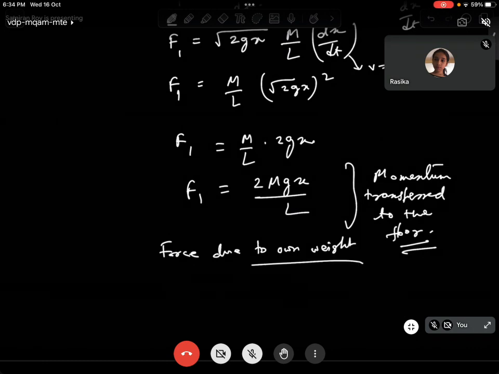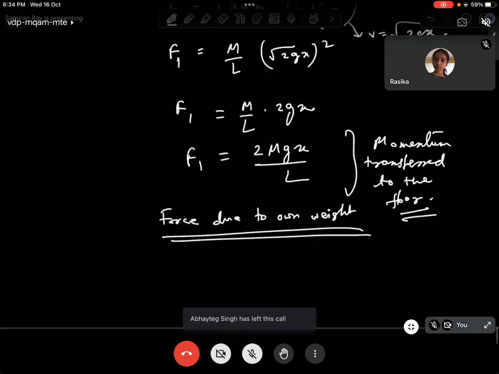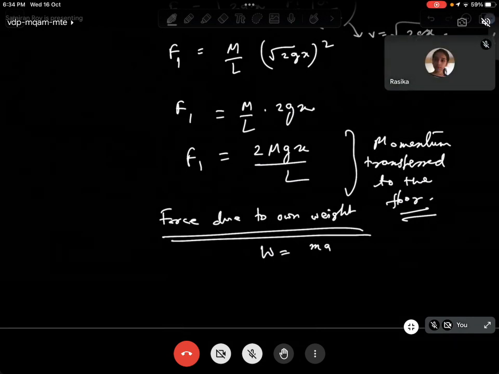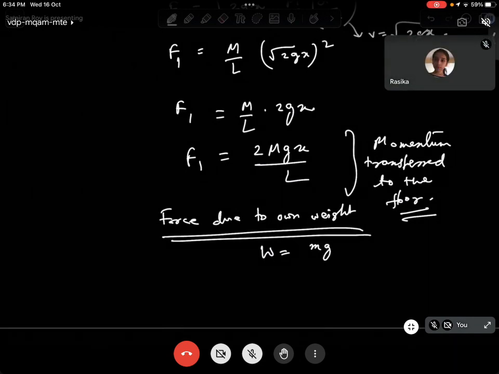Force due to its own weight will be Mg, capital M. Its weight is Mg x by L when that x part is falling, due to that x part.